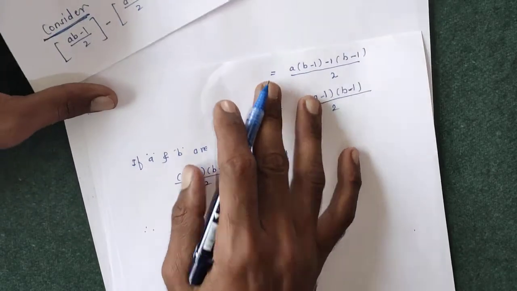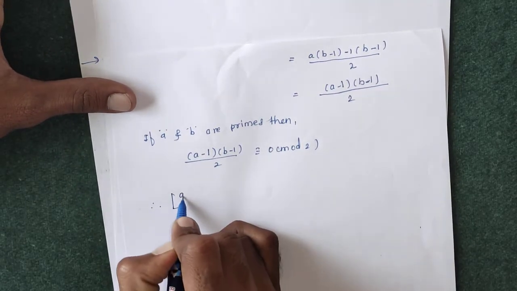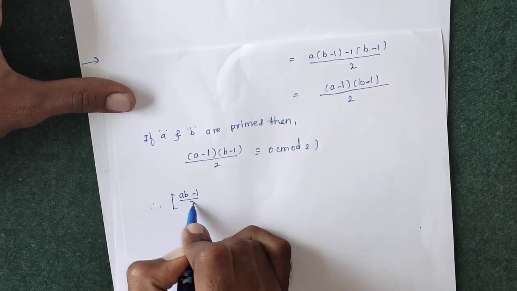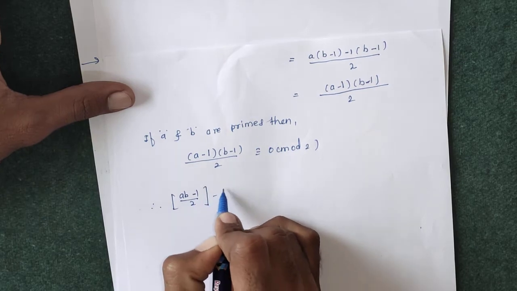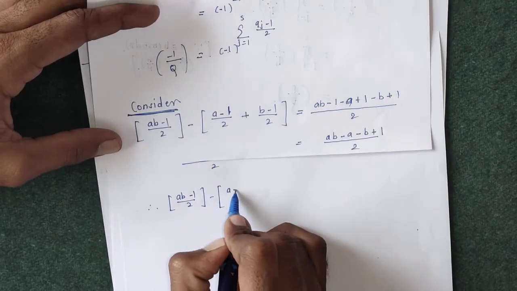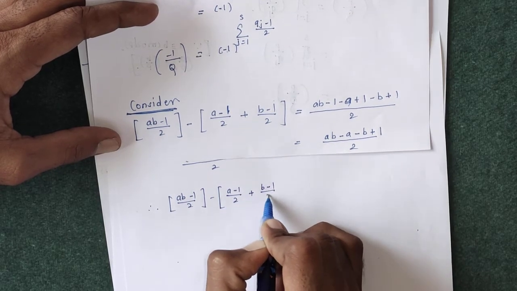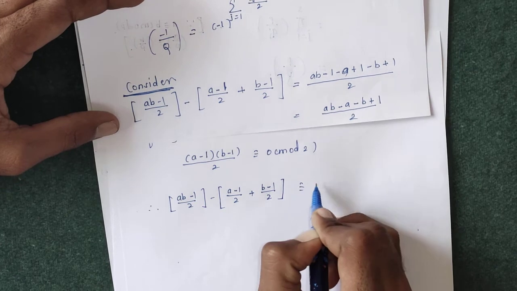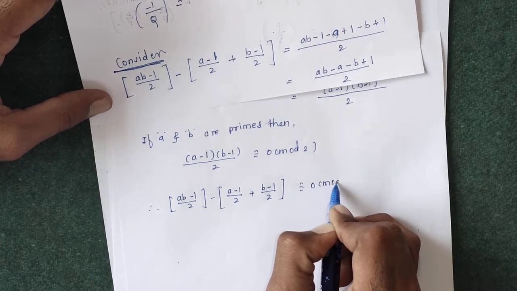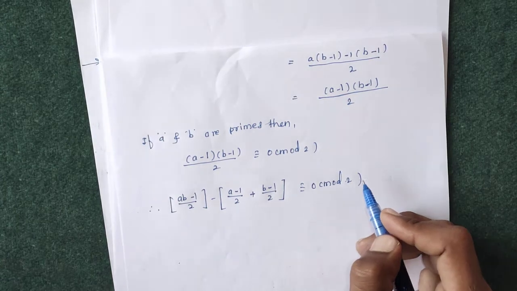So, I can write the number (AB−1)/2 − ((A−1)/2 + (B−1)/2) is congruent to 0 under modulo 2.